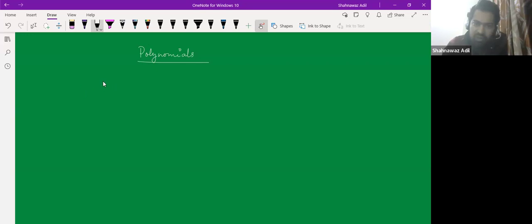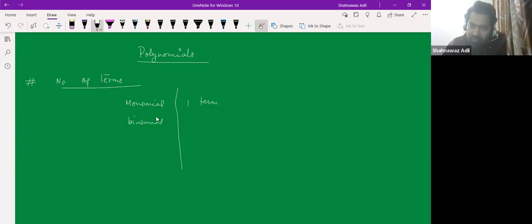So first we talked about the number of terms, right? We had monomial, which had one term, and then binomial, which had 2 terms, and then trinomial, 3 terms, and then quadrinomial, 4 terms, and so on.